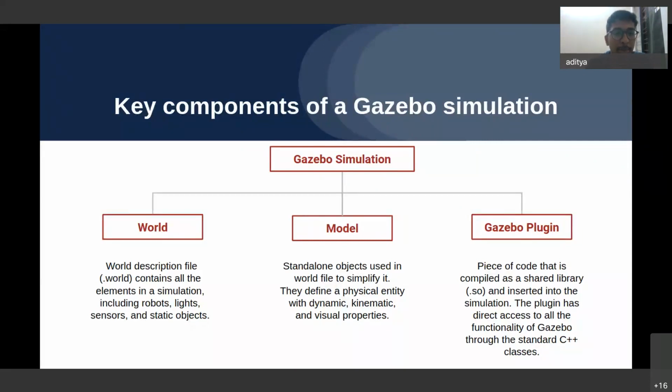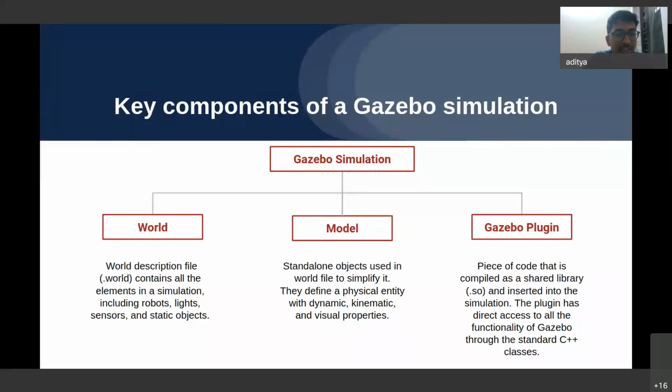And the second is the model. It helps us create standalone objects that can be used in our world file. It helps us simplify things. Let's say I want to spawn 10 KCS vessels in our simulation environment. I will create just one model file for KCS, and I will launch 10 instances in this .world file using a single line.